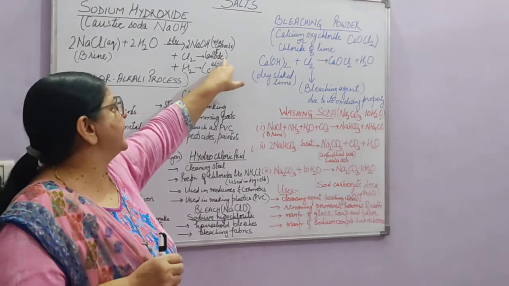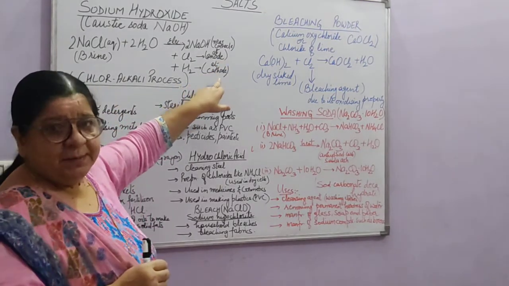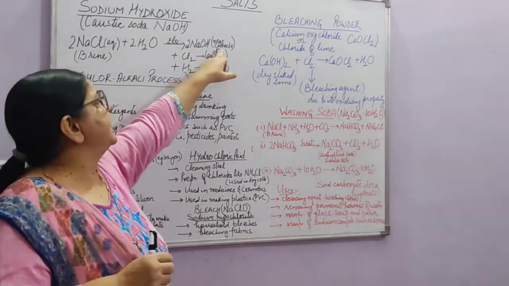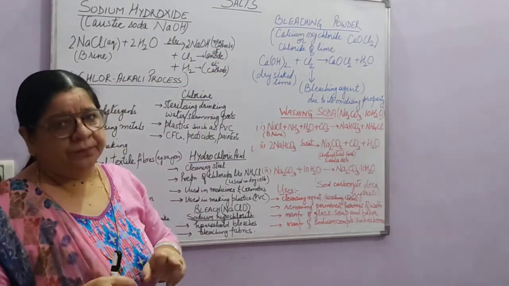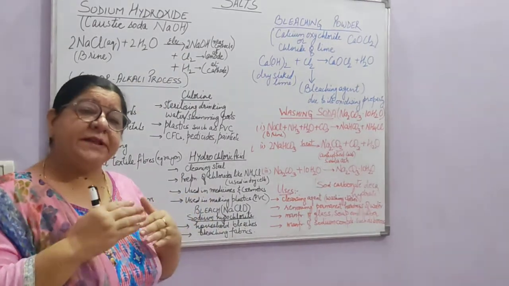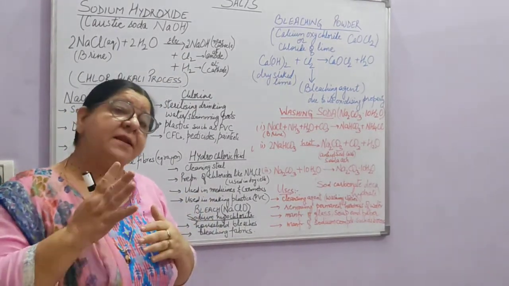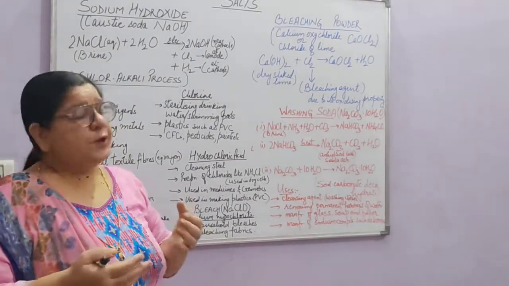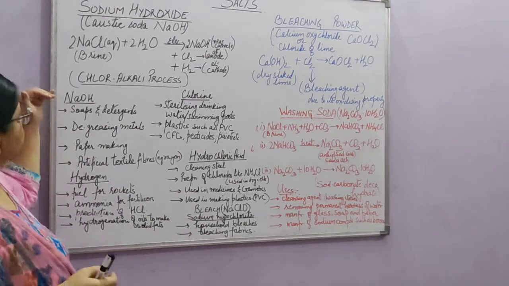So chlorine will be collected at the anode, hydrogen will be collected at the cathode, and sodium hydroxide is liberated near the cathode. So we get these three products, and all of them have various uses. They are very important. So what are their uses?